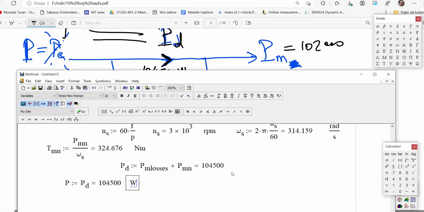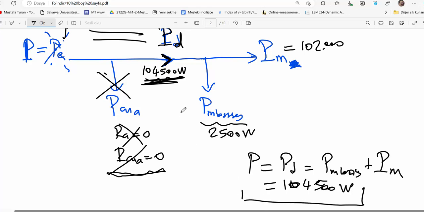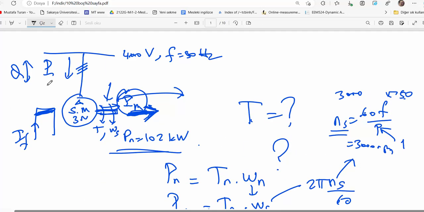We have already calculated here. It was 104,500 watts. That's the input power. That power is drawn from the network here: 104,500 watts.